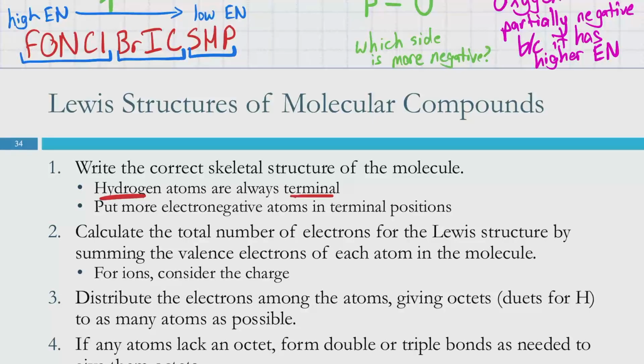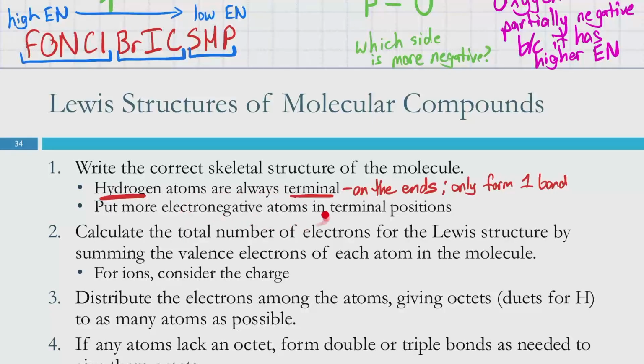Hydrogen atoms are always terminal, meaning they're on the ends. They're always terminal because they only have one bond, so we can't use them to connect two other atoms. We can't put them between two other atoms because they can only form one bond. So they have to go on the outside.